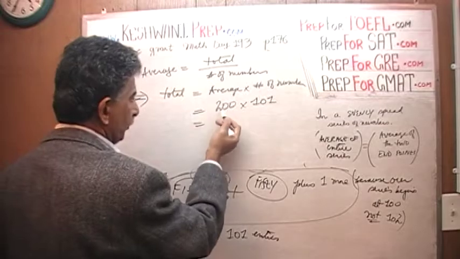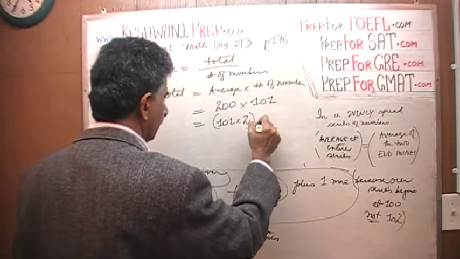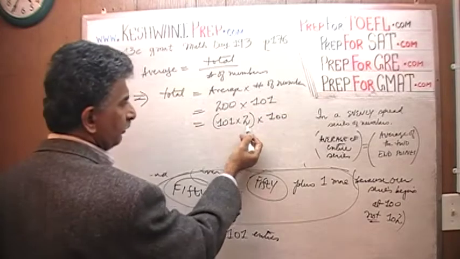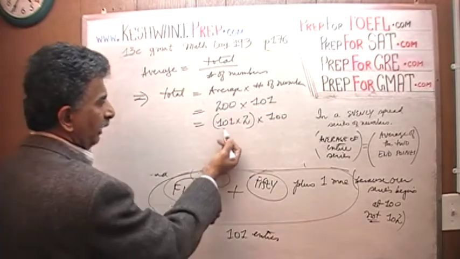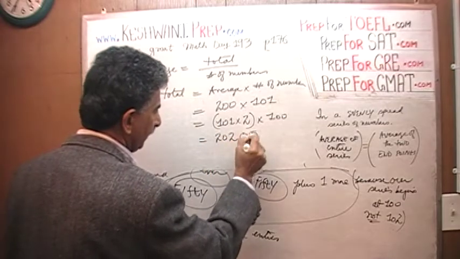I'm going to write 200 times 101 as 101 times 2 times 100, because 2 times 100 gives you 200. 101 times 2 is simply 202, times 100, which means you stick on 2 zeros. And that's it, we're done.